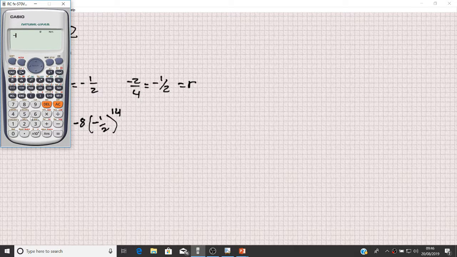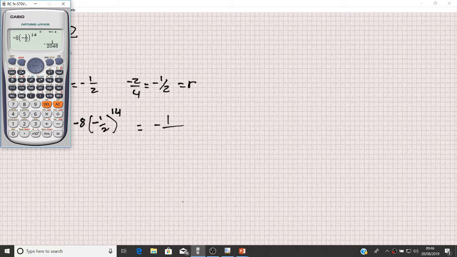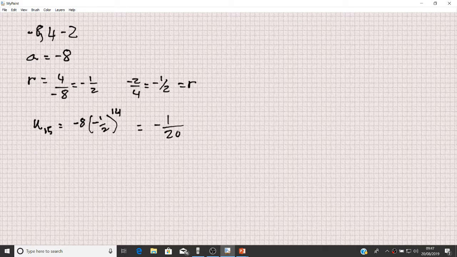So we have minus 8 times, open brackets, negative a half, over 2, and we raise that to the power of 14. Okay, so the 15th term is minus 1 over 2048. Very small quantity, as I mentioned earlier. But that's it for the first example.